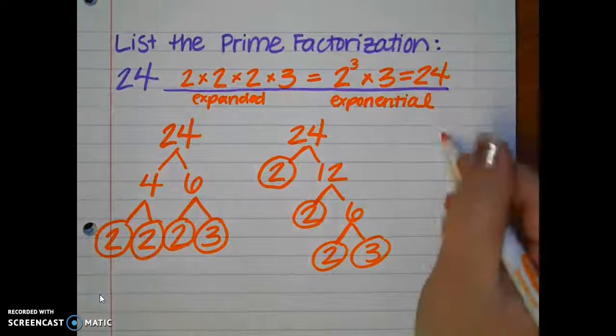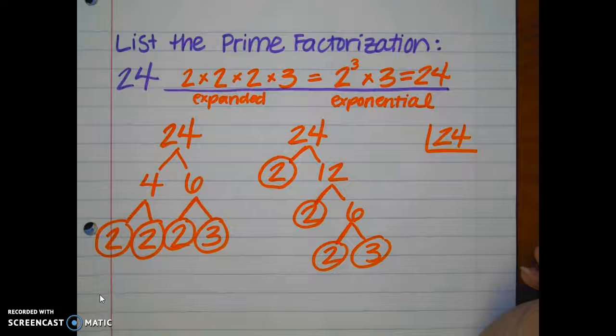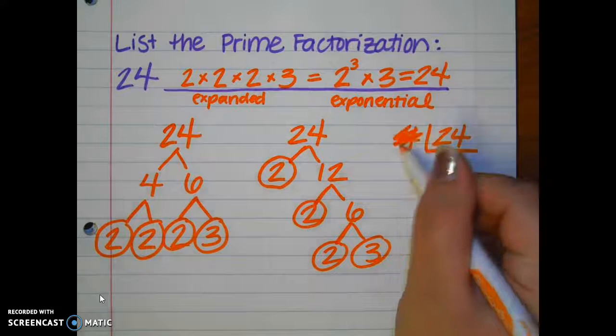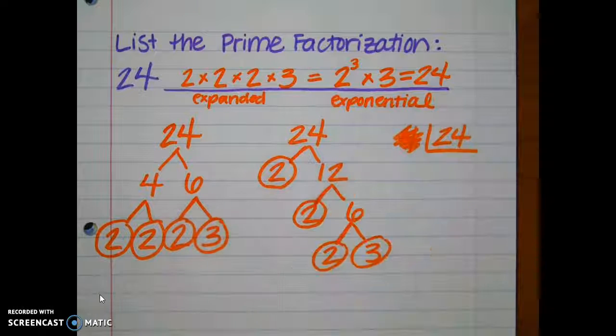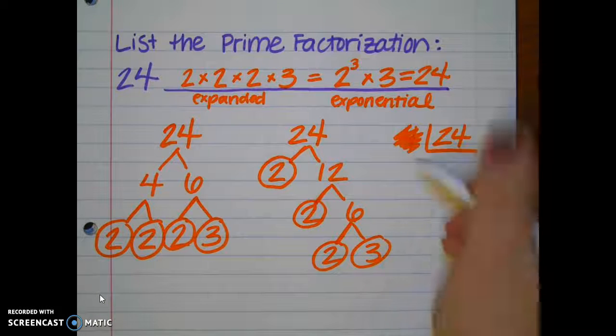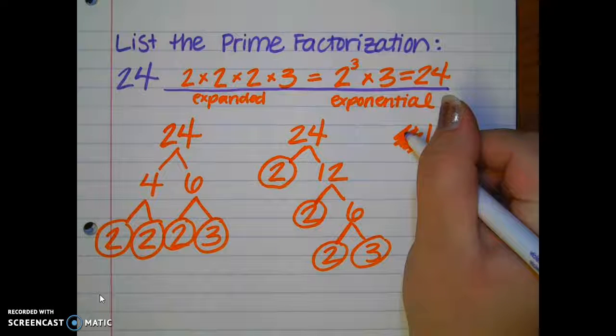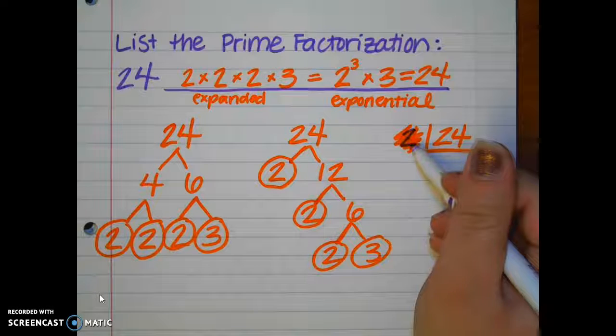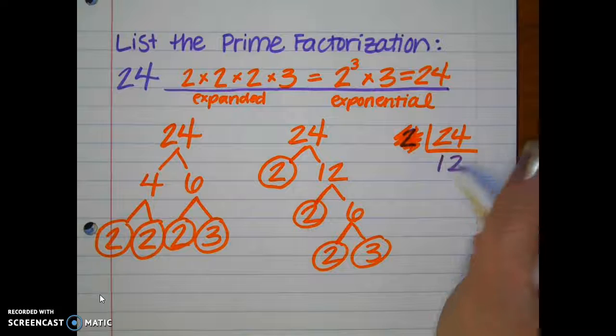And then upside down division, we could have done 4. Oh wait, no, we could not have done 4. We could not have done 4 because we need to have a prime number on the left side. So we could do 2. 24 divided by 2 gives us 12.